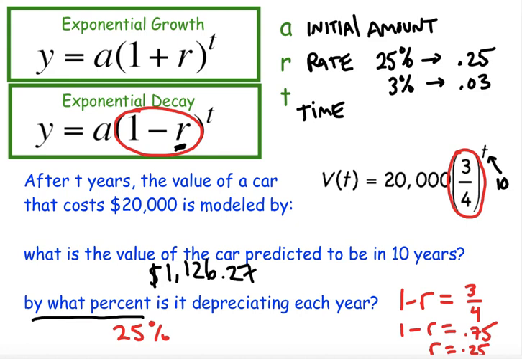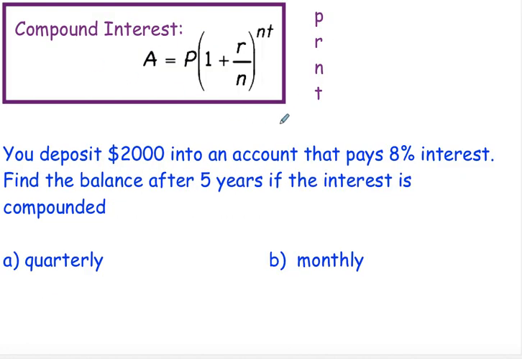Okay, next thing is compound interest. This you would use when you are compounding your interest. So it's growth, first of all. But this is when your interest is getting added on, not just once a year. It's getting put on more than one time a year.